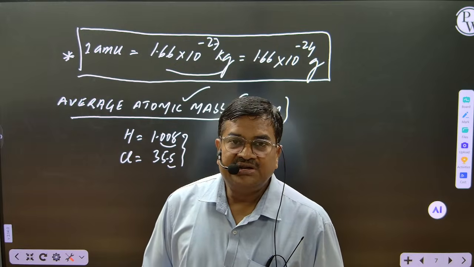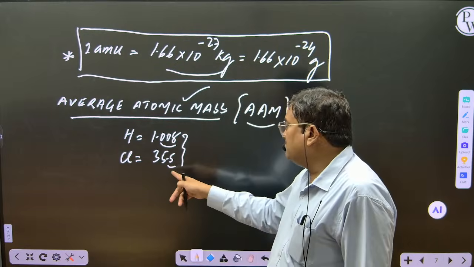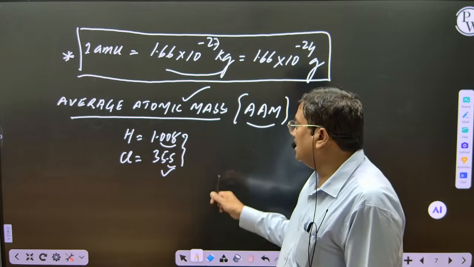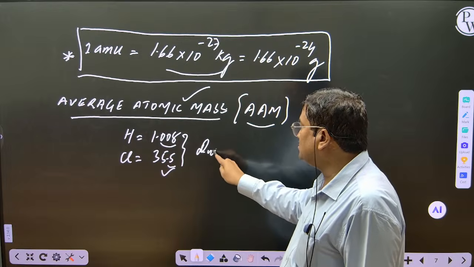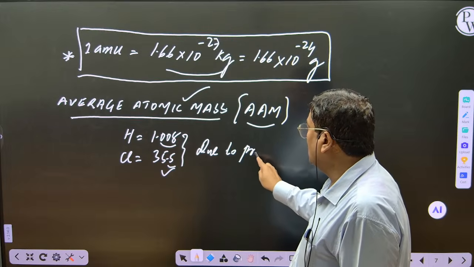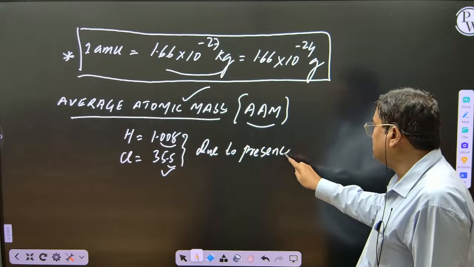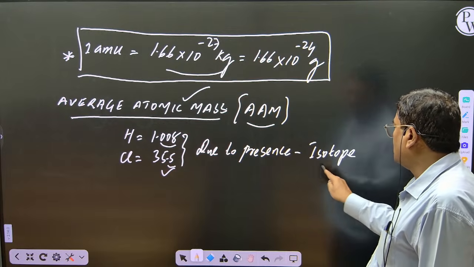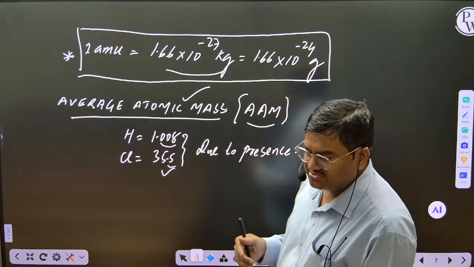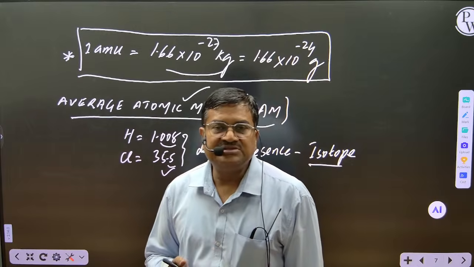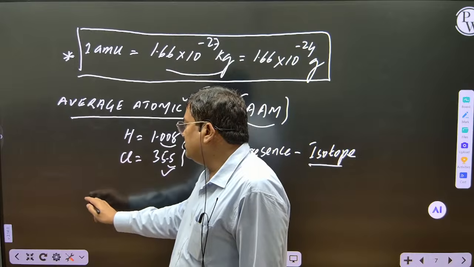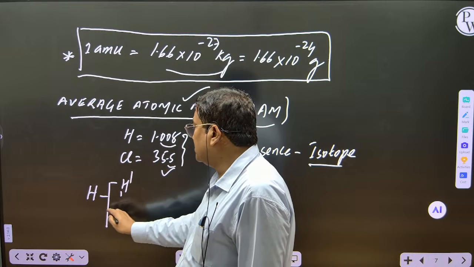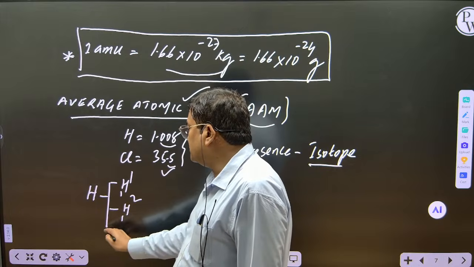Are you following, students? Why are we getting fractional values like 0.5, 0.008? It is due to presence of isotopes. Then, what is meant by isotope? For every element there will be isotopes. For example, hydrogen has three isotopes: protium, deuterium, tritium.